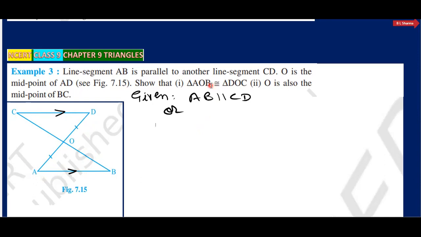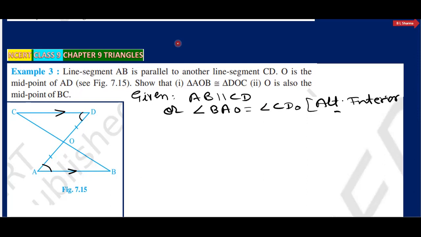It is also given that the two lines AB and CD are parallel to each other. So we can say that angle A will be equal to D, or we can say angle BAO is equal to angle CDO. The reason is alternate interior angles.